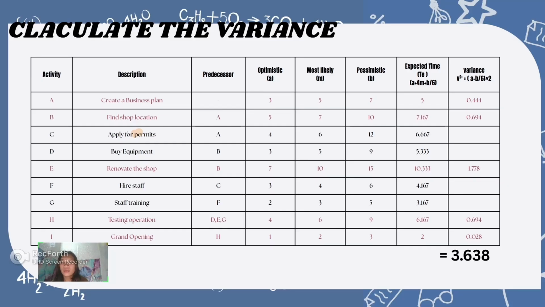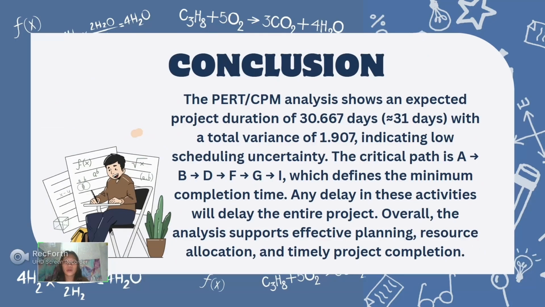And then we take the square root to get the standard deviation. So the square root of 3.638 is equal to 1.907.